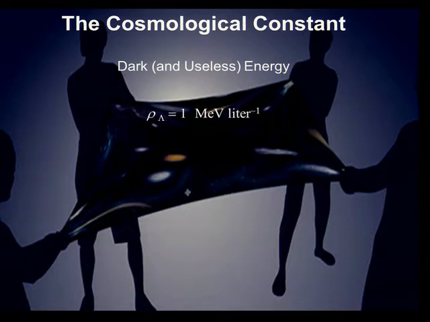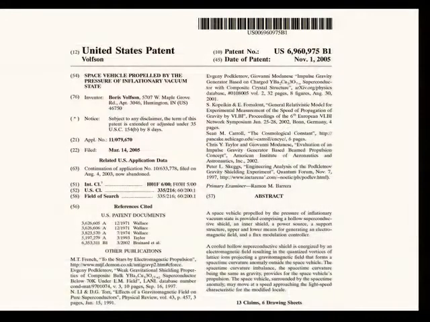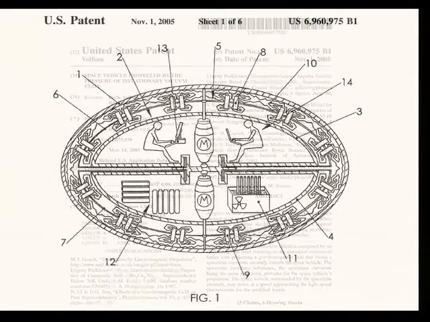We know it cannot be harnessed, but actually the U.S. Patent Office doesn't know this. There is a United States patent for a space vehicle propelled by the pressure of vacuum energy, in this case the inflationary vacuum. And if you look at this patent, which has been awarded, you see the plans for the space vehicle.